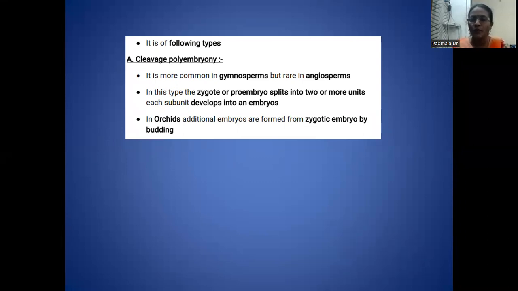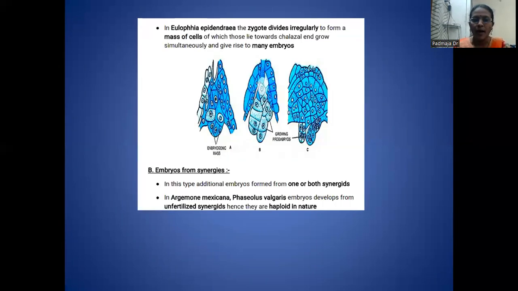Embryos are formed from the zygotic embryo by budding. That means the embryo gives rise to others by division. As a result, it looks like budding. And here we are seeing how the polyembryo condition appears. The zygote divides irregularly to form a mass of cells.